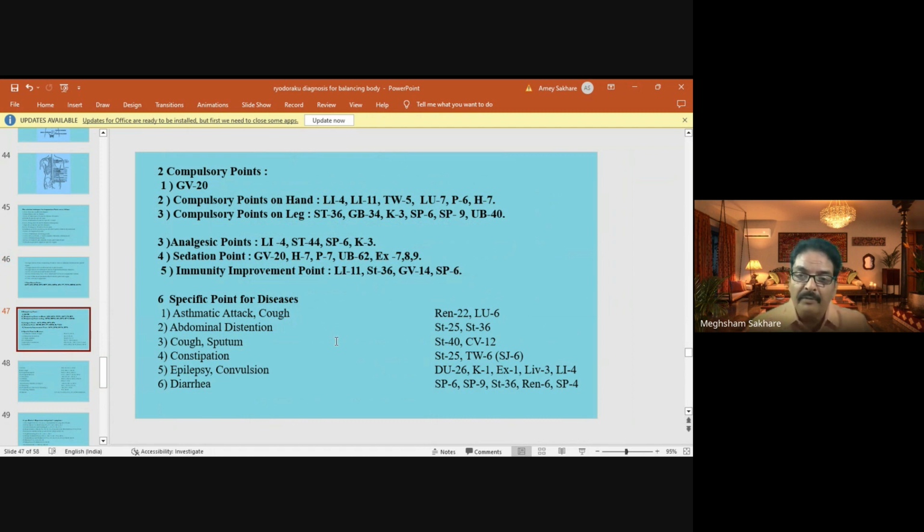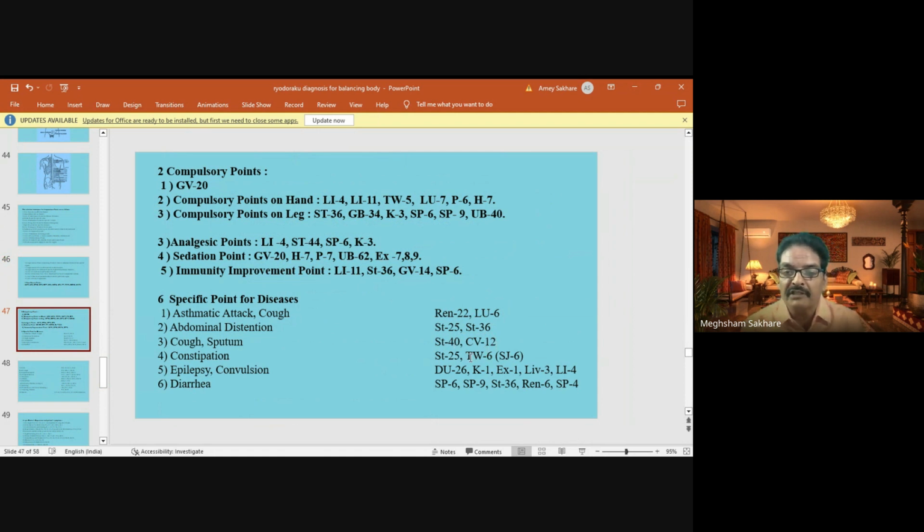For cough and asthmatic attack, REN 22, lung 6. REN 22 or CV22 is in the sternal notch. Abdominal distension: stomach 25, stomach 36. Stomach 25 is 3 fingers lateral to the umbilicus. For cough and sputum, use stomach 40 and CV12.